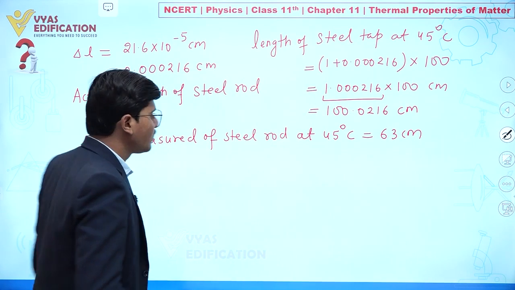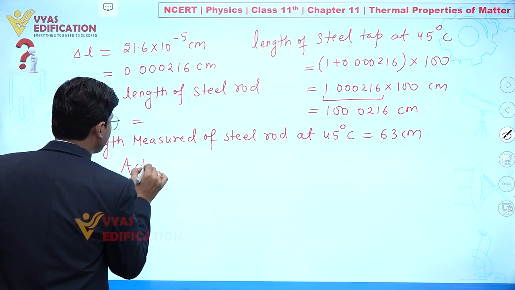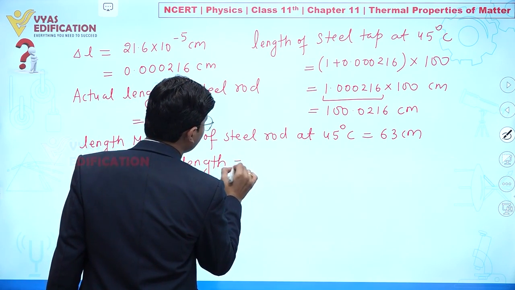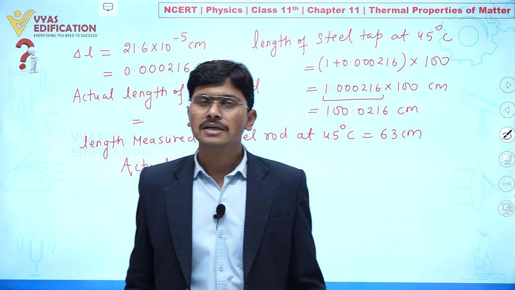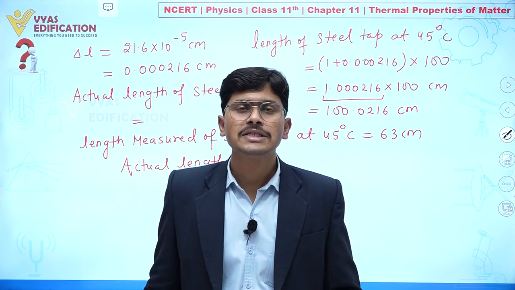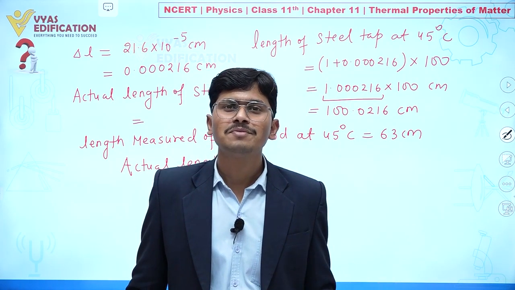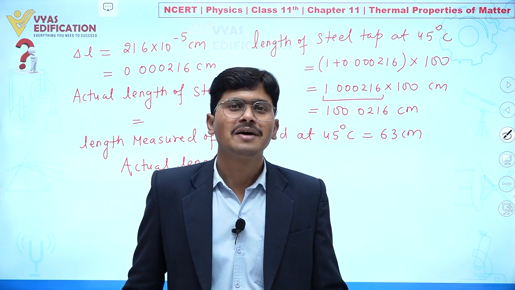But if we are talking about actual length, because we know if we are increasing temperature, one division value of steel tape is increasing, so actual length of the rod should be greater than the measured length.